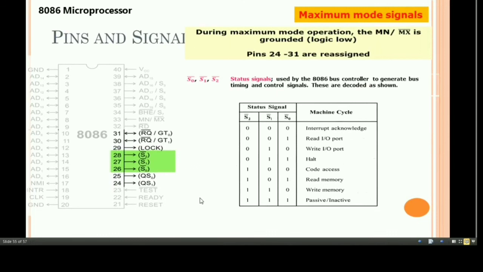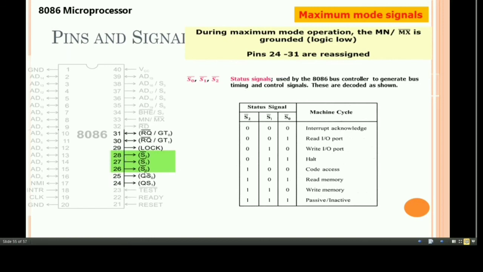During the maximum mode of operation, pin number 33 is connected to the ground. That means pin 33 will be active low, and in this case pins number 24 to 31 are working for other signals. Here we can observe pin numbers 26, 27 and 28.